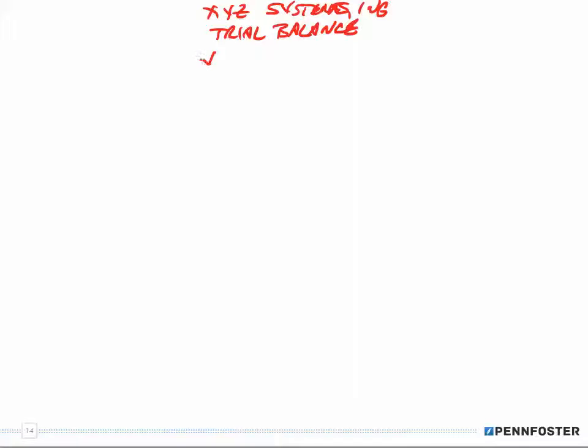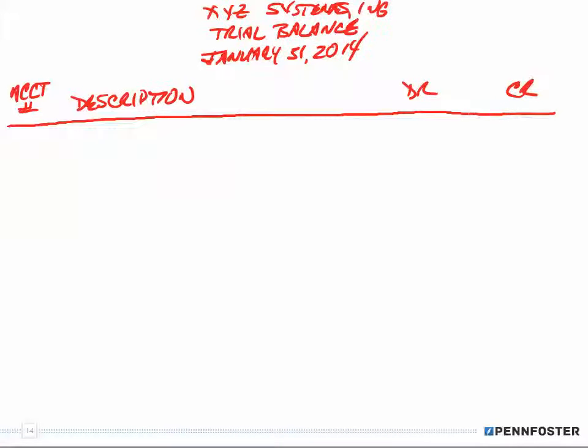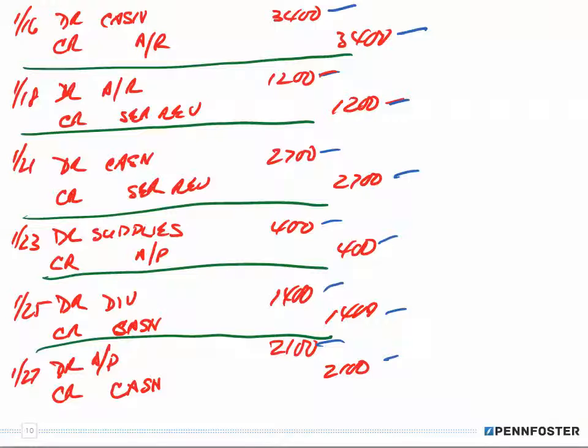And then we put the date, which is January 31st, 2014. And we have an account number, and then we have description. And we have a debit column and we have a credit column. Okay. Now try to draw a straight line here. There we go.